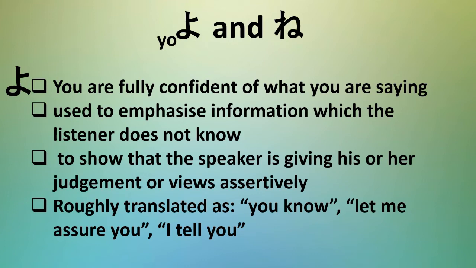Yo is used to emphasize information which the listener does not know, and to show that the speaker is giving his or her judgment or views assertively. In this case, the speaker is 100% sure with what he or she is saying. So this is roughly translated as, let me assure you, I tell you, I assure you.